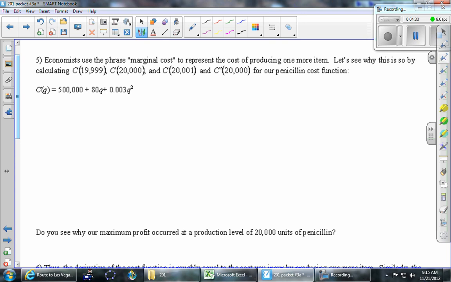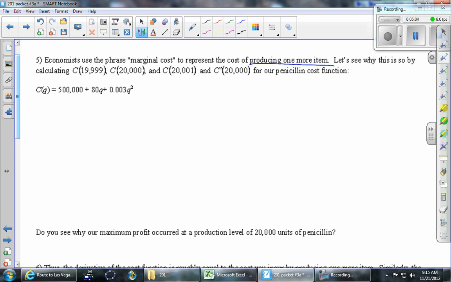It's the same one we played with last time. We have used this idea of producing one more. We've thought about the derivative as telling you what the next one will be. We did some example where we were operating like a frozen banana stand, and you guys had some information about the derivative, and you said, oh, if the derivative is $2, then what we're saying is that the next banana you sell is going to bring in roughly $2 more, right? And so we've seen this before, but let's actually see it with a specific function.